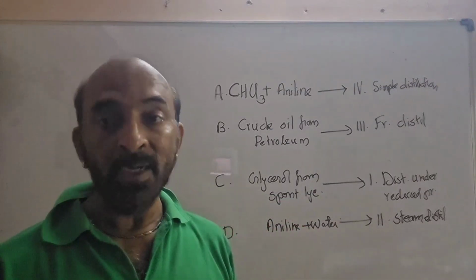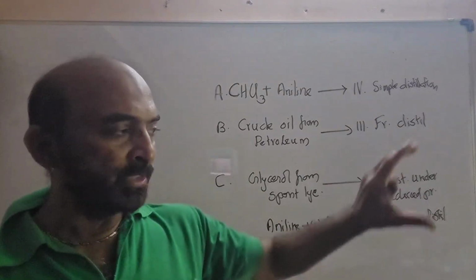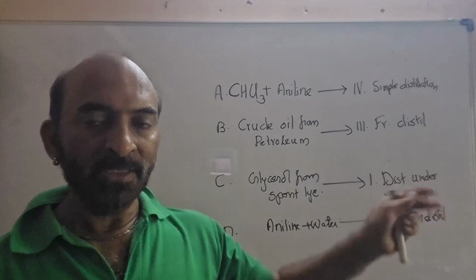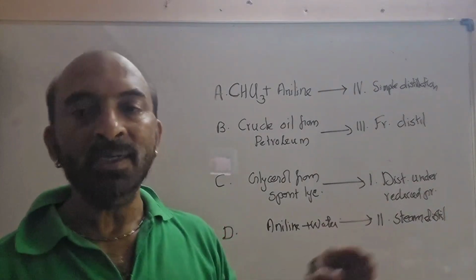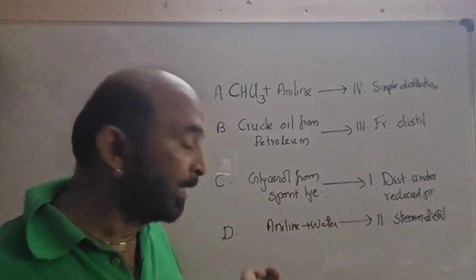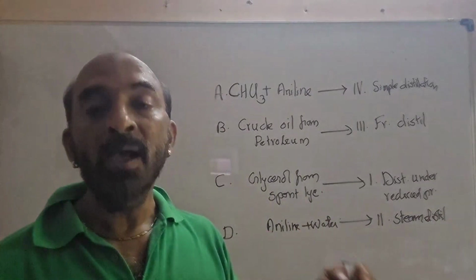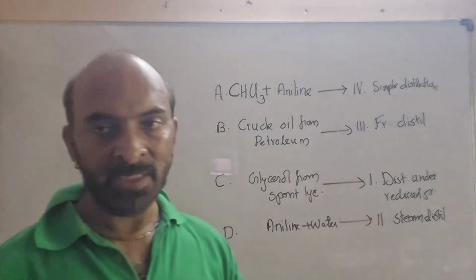Since water and aniline are immiscible, in the collection vessel they form two separate layers. You can separate them using a separating funnel. So aniline and water, which are immiscible, with aniline being steam volatile, can be separated by steam distillation.